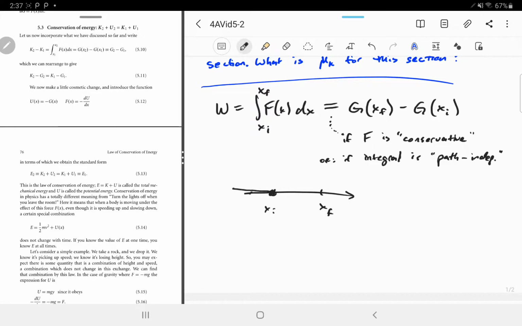If the particle moves this way, and then this way, and then back and forth, and eventually goes to x final, if you can evaluate that integral and it equals just the value of some function evaluated at the final point minus the initial point, then that value should be exactly the same as if that particle went straight from the initial to the final point. So in 1D, this just means back and forth is the same thing as just going straight there.